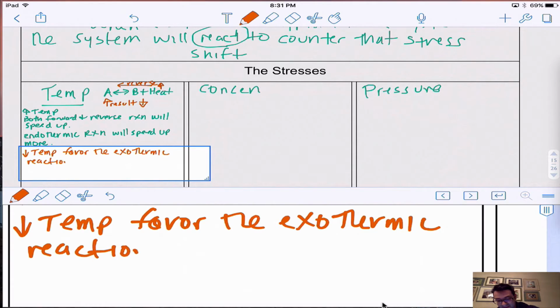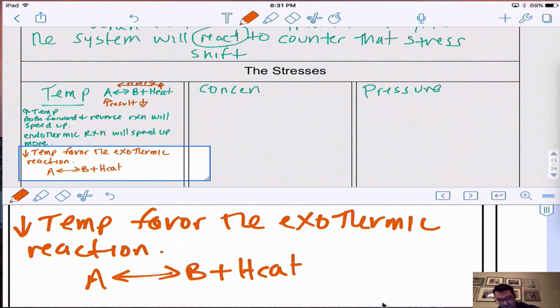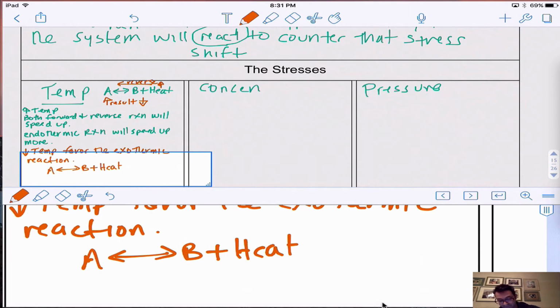Now again, when we decrease temperature, the speed of both reactions decreases, but the exothermic reaction will decrease less. So now if I were to write that same reaction, A yielding B plus heat, and I decrease the temperature, I'm essentially removing heat from the system. Well, how will the system react?